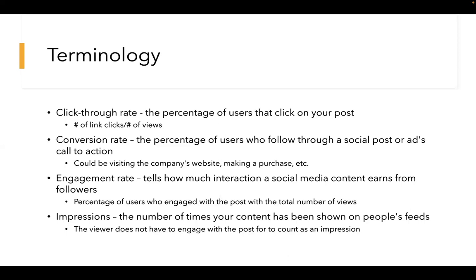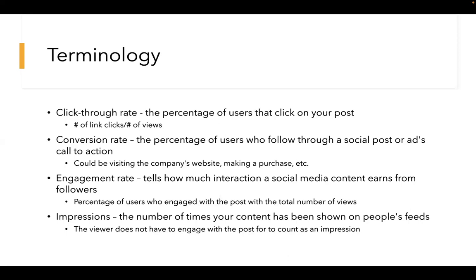This could be liking the post, commenting, sharing it with somebody else, things like that. Whenever you're on social media and you're liking a post or commenting, that goes towards whoever's profile it is, that goes towards their engagement rate. And you really want your content to engage your audience, really have them interacting. So you have a high engagement rate.